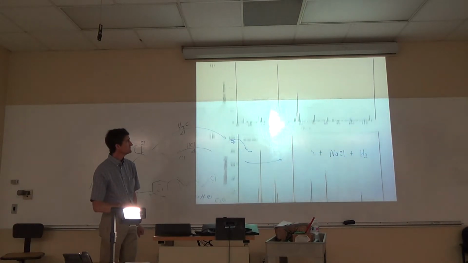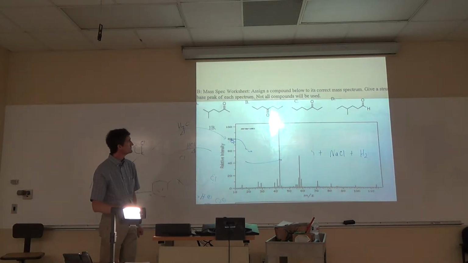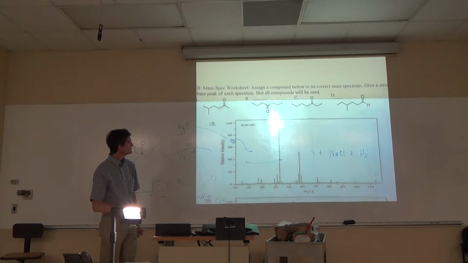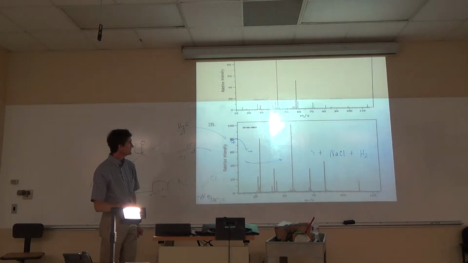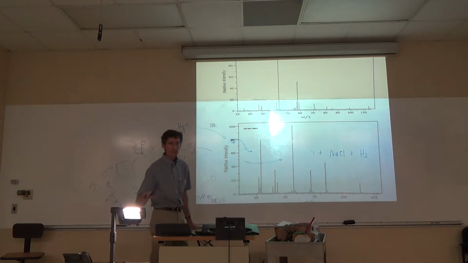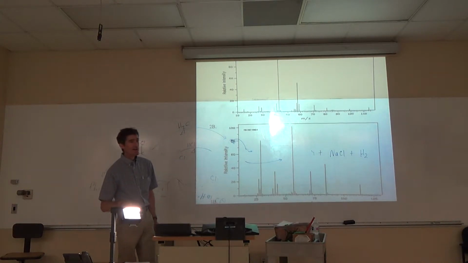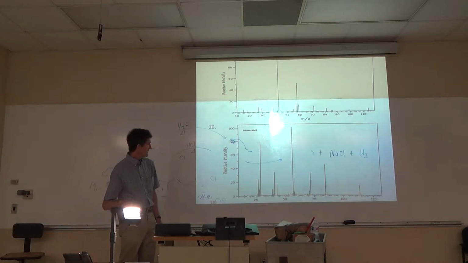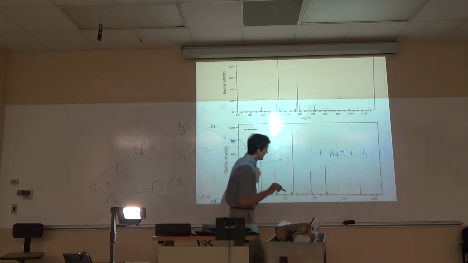You didn't understand something? Yes, for 2B, there's an M minus 85 peak, and I'm not sure how you could make that. What is the mass here? You're looking at 2B?